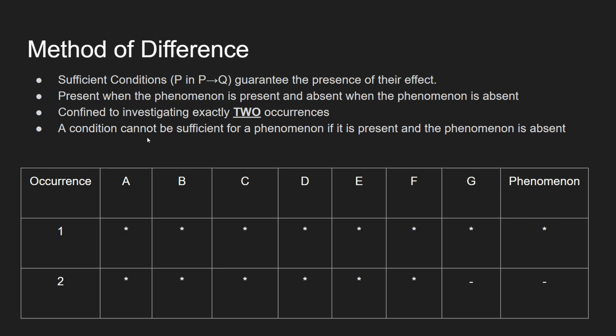A condition cannot be sufficient for a phenomena if it is present and the phenomena is absent. So obviously, F is not sufficient to bring about the... First of all, let's imagine we've got two twins.